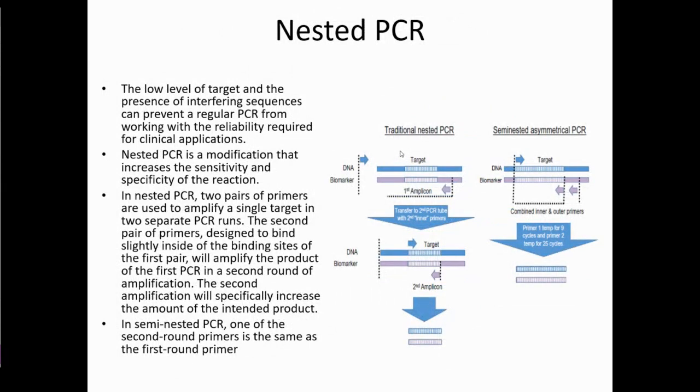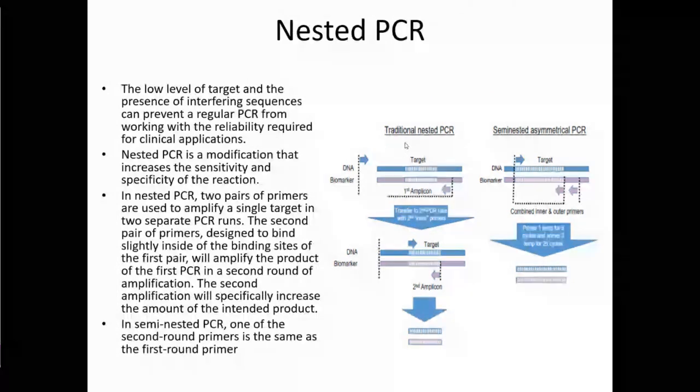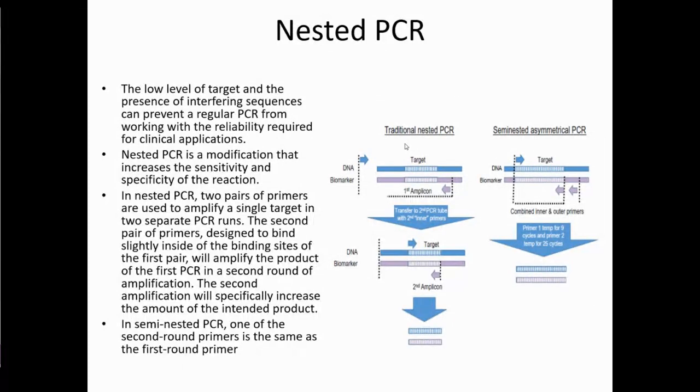And the nested PCR was developed to increase both the sensitivity and the specificity of PCR, because this technique uses 2 pairs of amplification primers and 2 rounds of PCR. You need to perform the PCR 2 rounds. You have the first round using the first pair, and then you take the product from the first round and apply the second pair to proceed for the second round, so that they can increase the sensitivity.